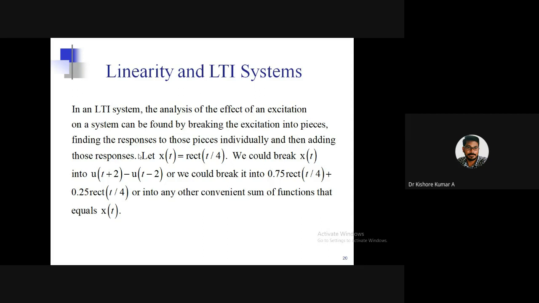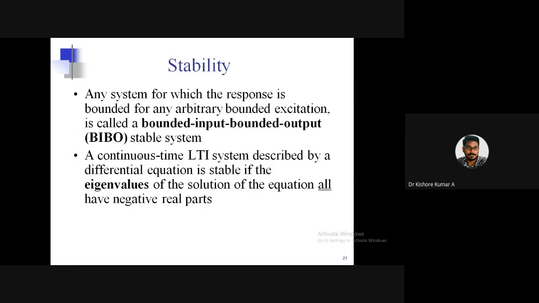I'm just giving examples. u of t plus 2 minus u of t minus 2 will give the same value, so even after breaking, it gives the same value. Thus we need to make it into pieces or any other convenient form, a sum of functions that equals x of t.